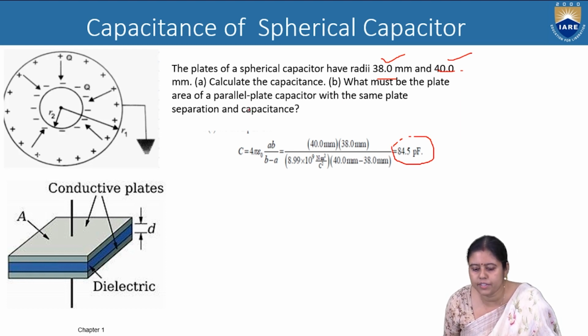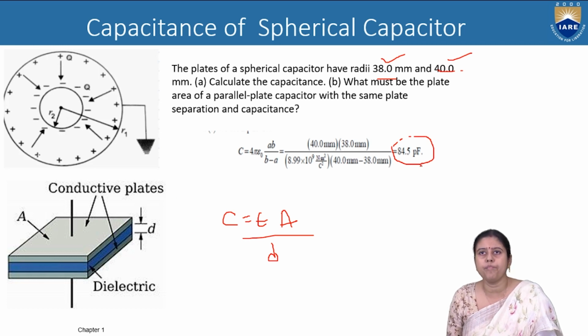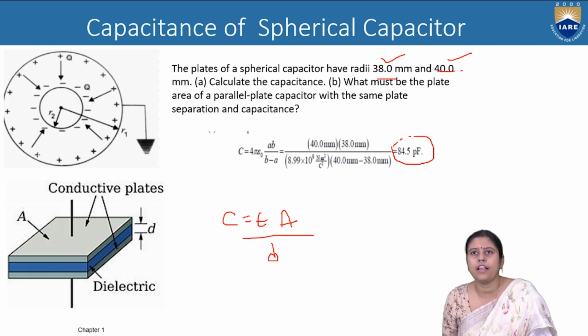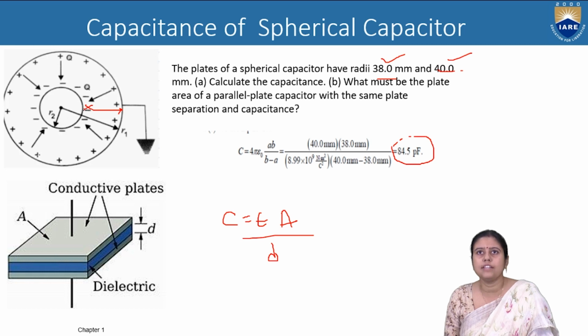What will be the plate area? We know the capacitance C is equal to epsilon A by D. Capacitance value we got from here, 84.5 picofarad. We have to calculate the A. What is D? D is basically the distance between these two parallel plates. So what is the distance?